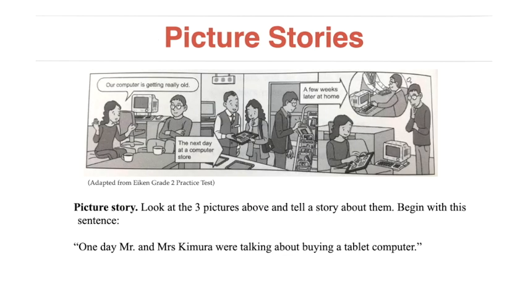Picture stories are used to elicit spoken language by ACTFL and other commercial tests. Practice tests can be found online by searching Google Images, using phrases such as ACTFL Grade 2 Interview Sample Questions.